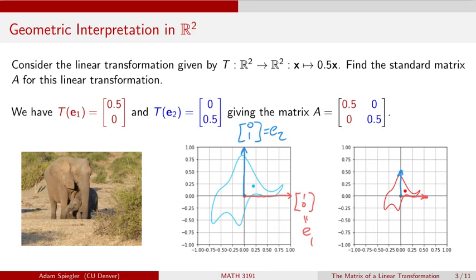So every vector in R2 is getting contracted by a factor of 1/2. So every single vector is getting contracted by the same factor. So what's happening is this elephant is shrinking. We would call this map a dilation map.